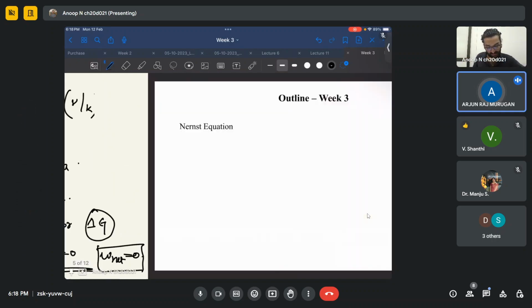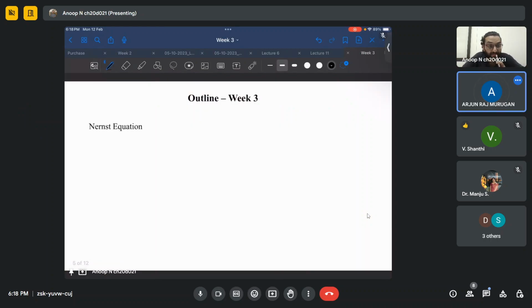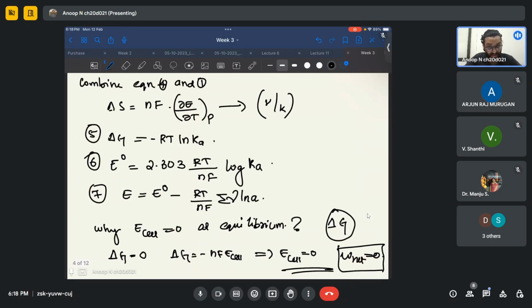Yeah. In such case, so your voice is breaking. No, no, standard state is different.